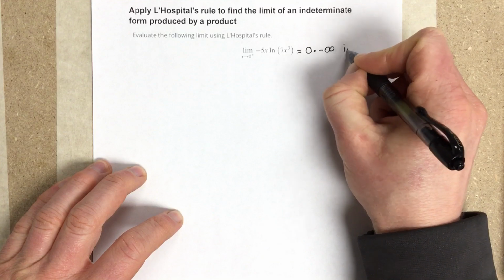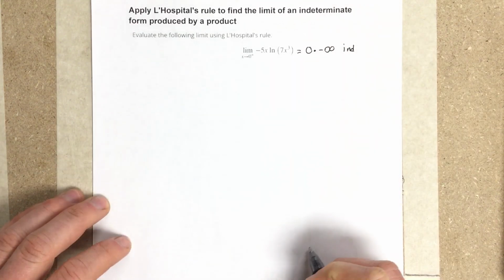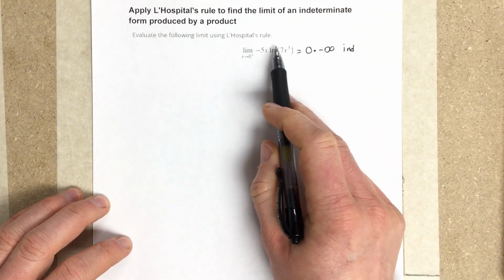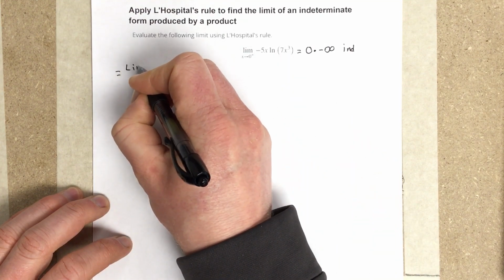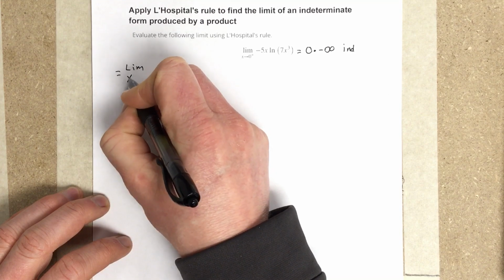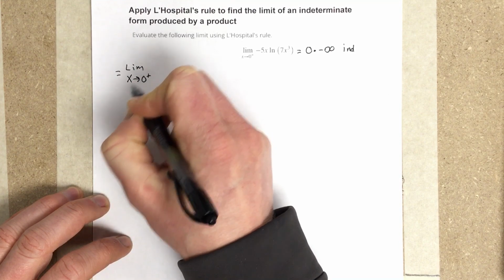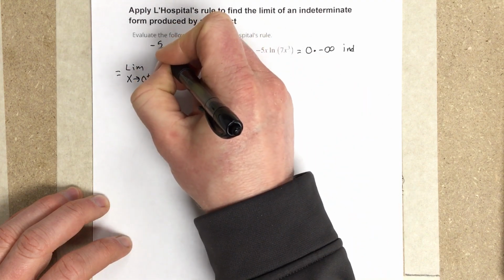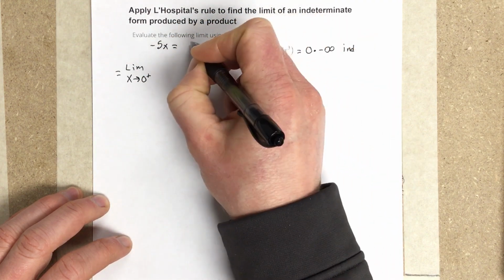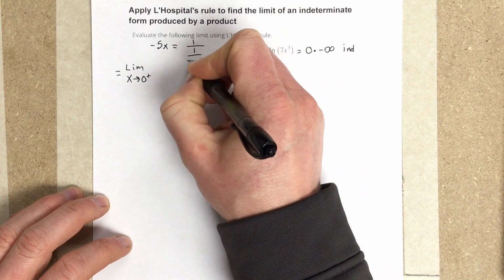So this is indeterminate. What we want to do is apply L'Hopital's rule, but to do that we have to have a fraction. So we're going to rewrite this using a little algebra technique. Negative 5x is actually the same as 1 over negative 5x in the denominator.